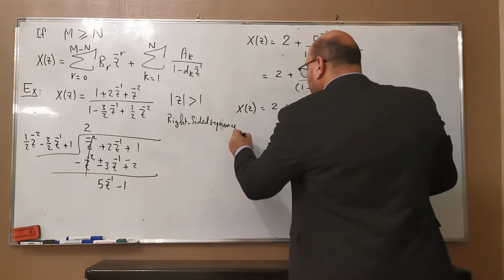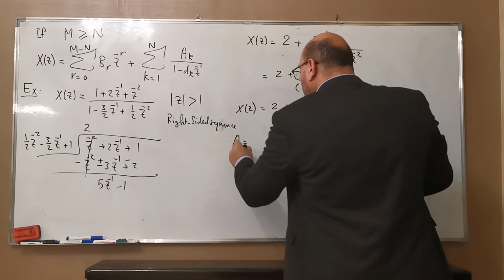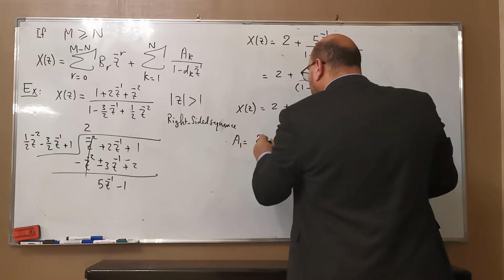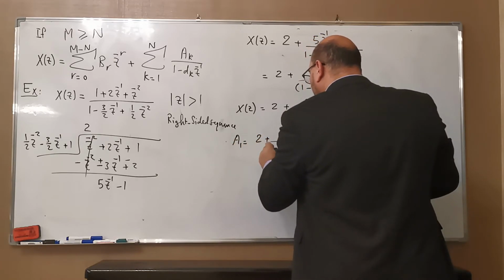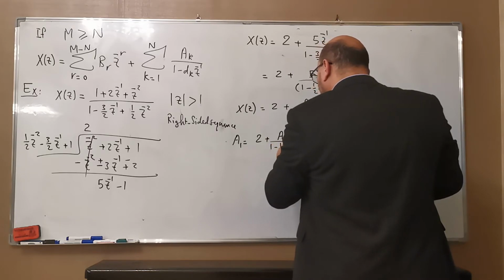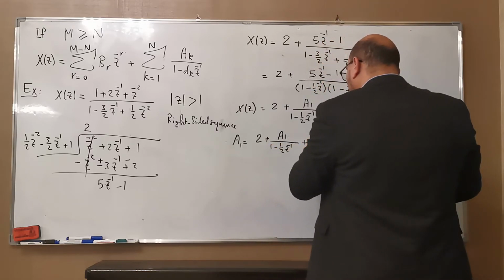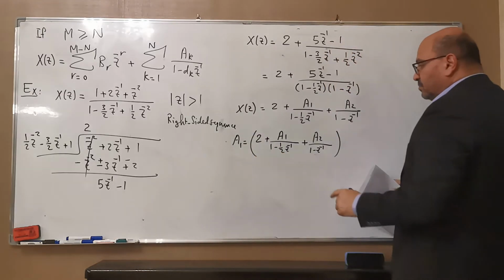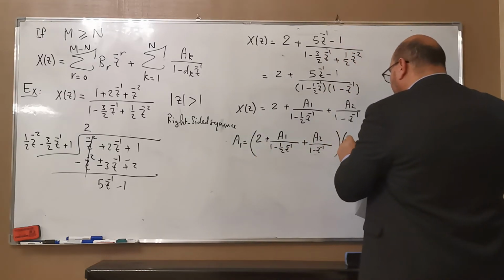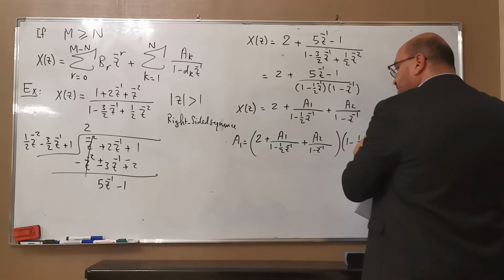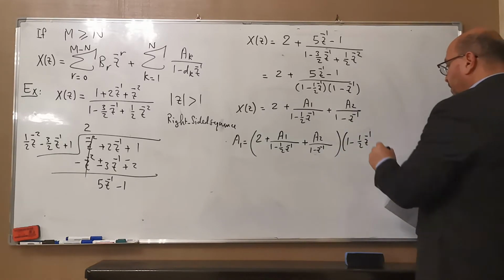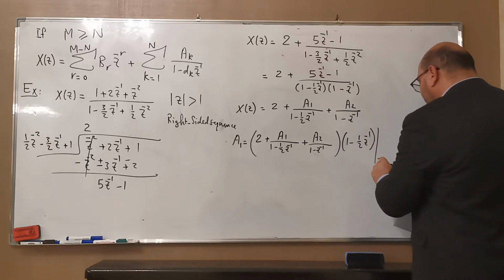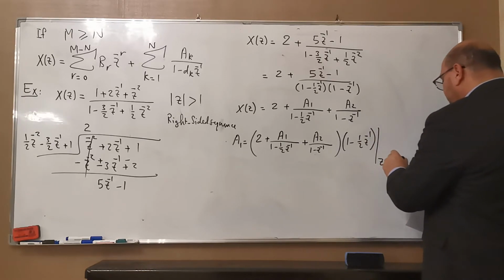We multiply this by 1 minus 1/2 z inverse, and we substitute at z equals 1/2.